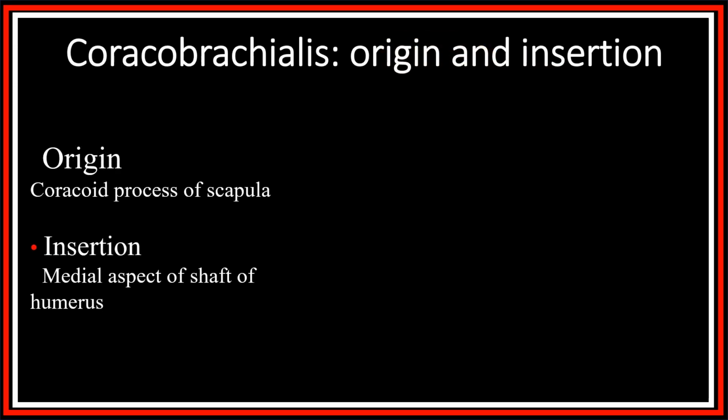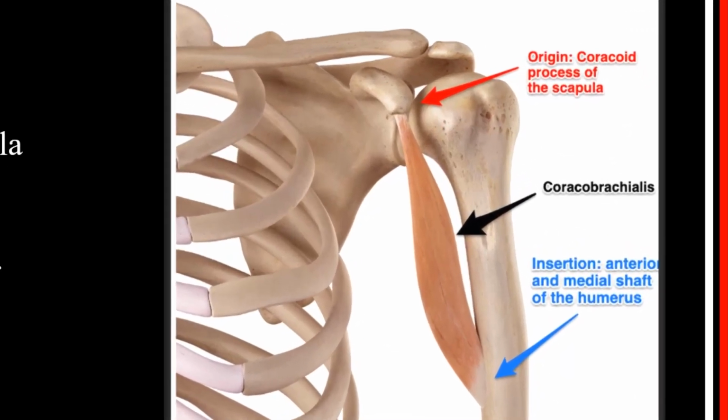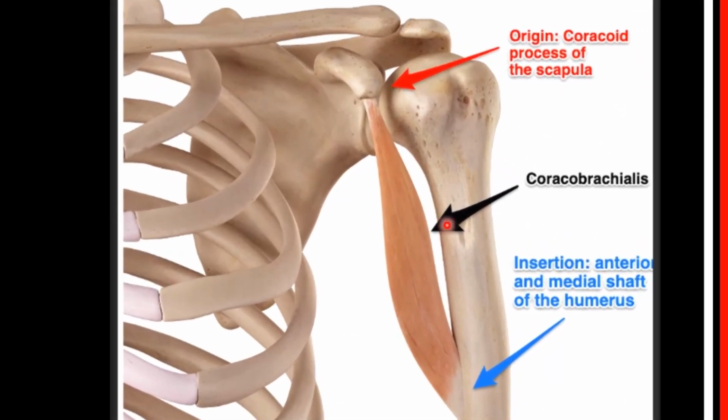We'll start with the origin. Here is the muscle again. When we discussed the anatomy of the origin of the short head of biceps brachii, you remember we mentioned that it picks origin from the tip of coracoid process. That means there are two muscles picking origin from this tip of coracoid process. The first one is the short head of biceps brachii, and the second is the coracobrachialis.